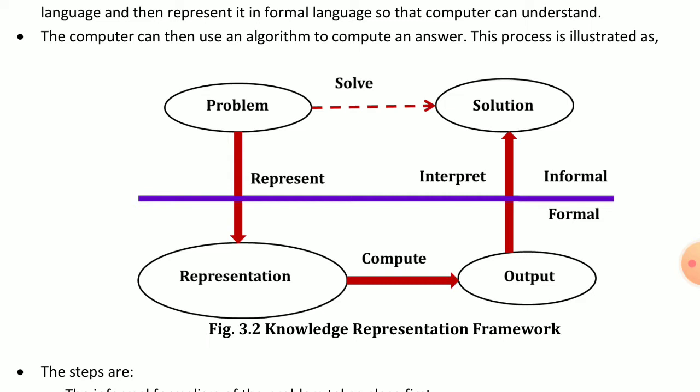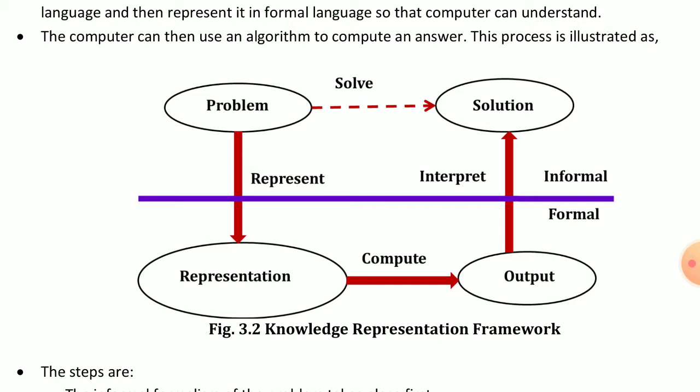If we can't understand what the particular problem is, then we can't find the particular solution. So first we understand the problem and then find the problem solution. So representation computes the output, and from the output we can find out the solution.